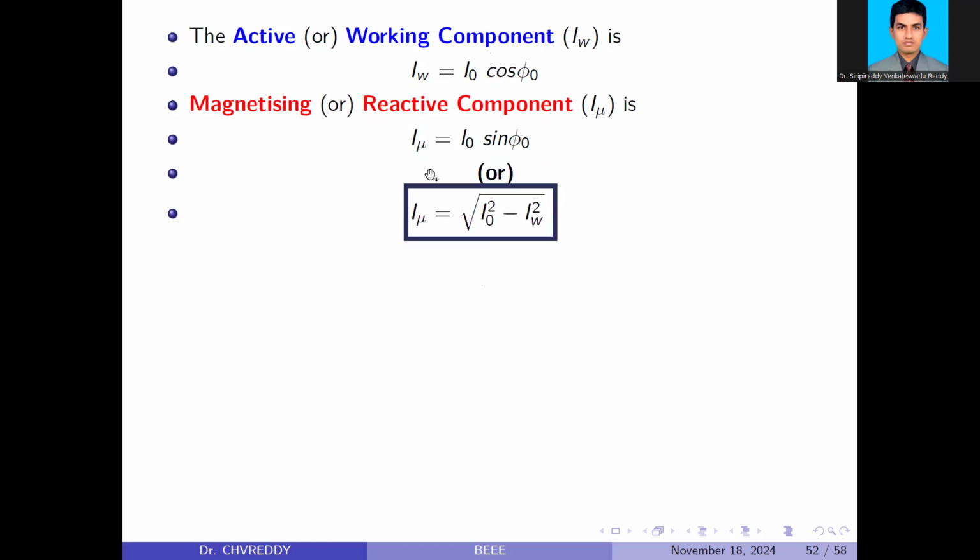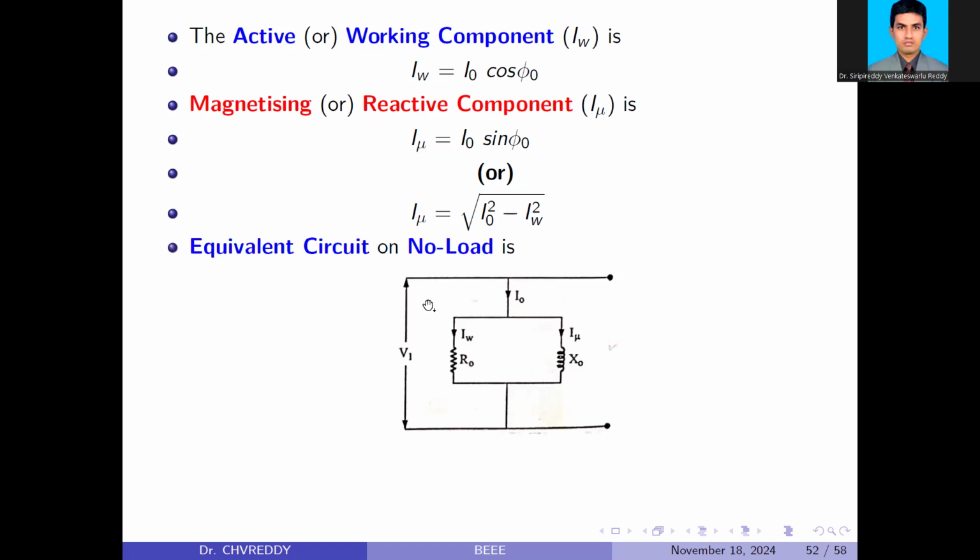I mu equals the square root of I0 squared minus Iw squared. This is the equivalent circuit on no load. I0 has two components, one represented with Iw, another with I mu.